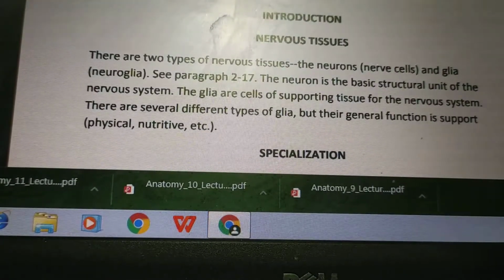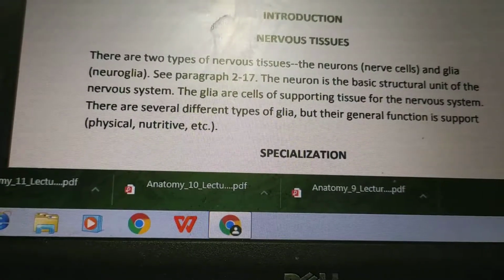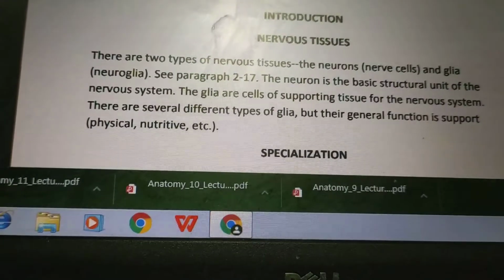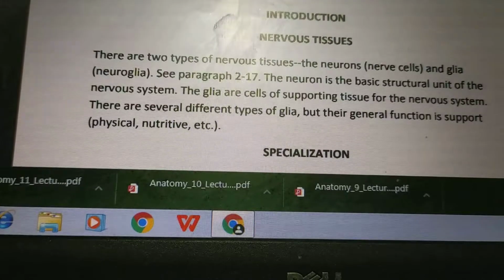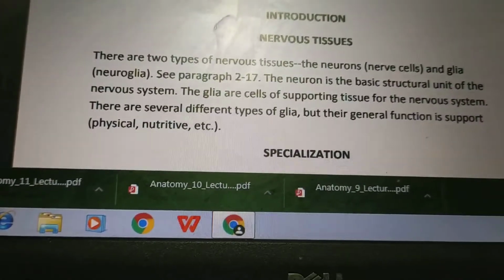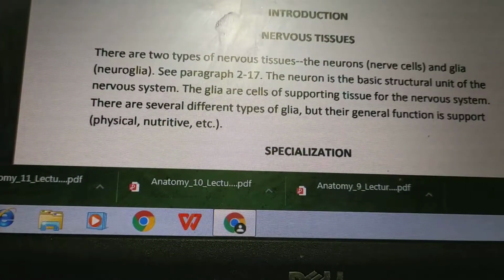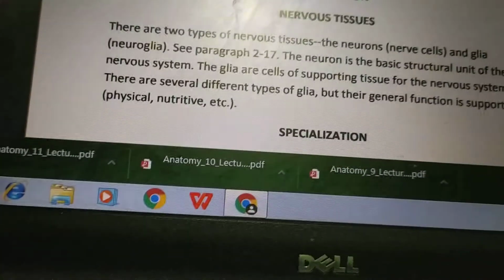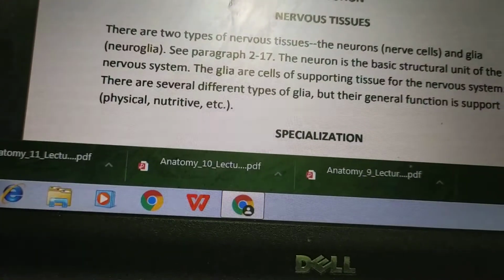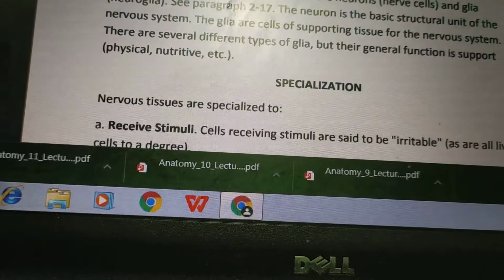So the basic structural unit is neuron, and the supporting tissue is glia, called neuroglia. There are several different types of glia, but their general function is support, physical, nutritive, etc.